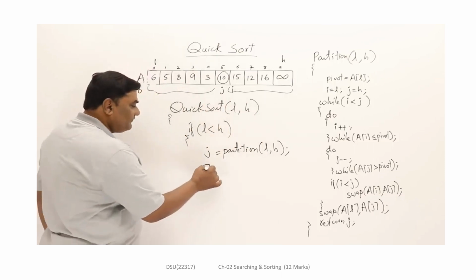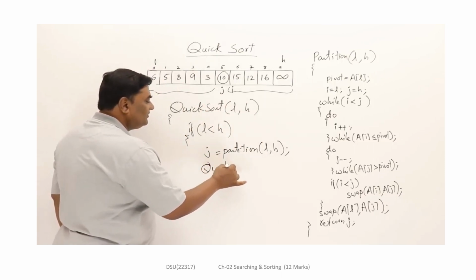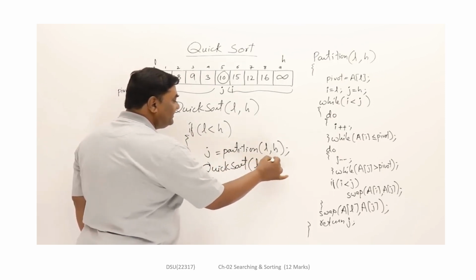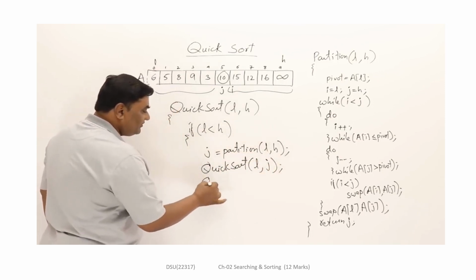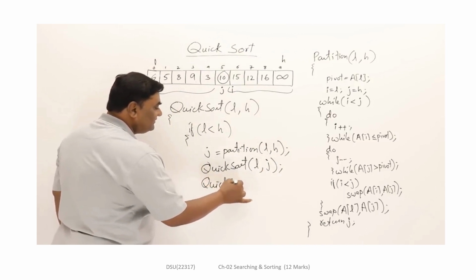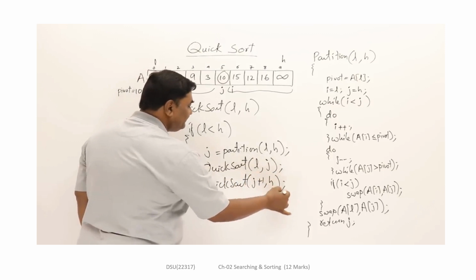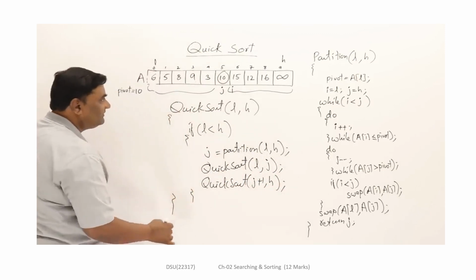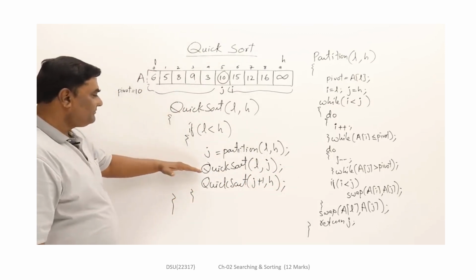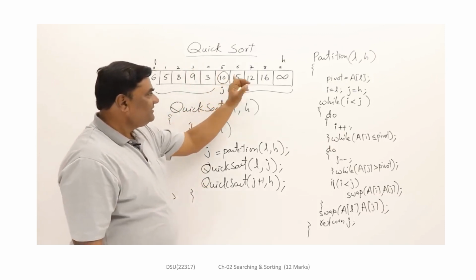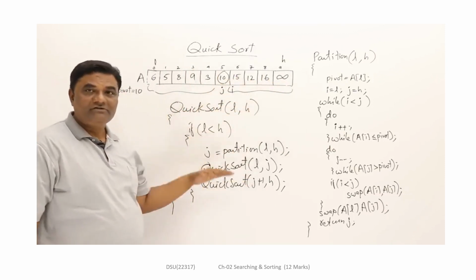Then it will perform quick sort on the left hand side, that is low to J, and it will perform quick sort on the right hand side from J plus 1 to high.